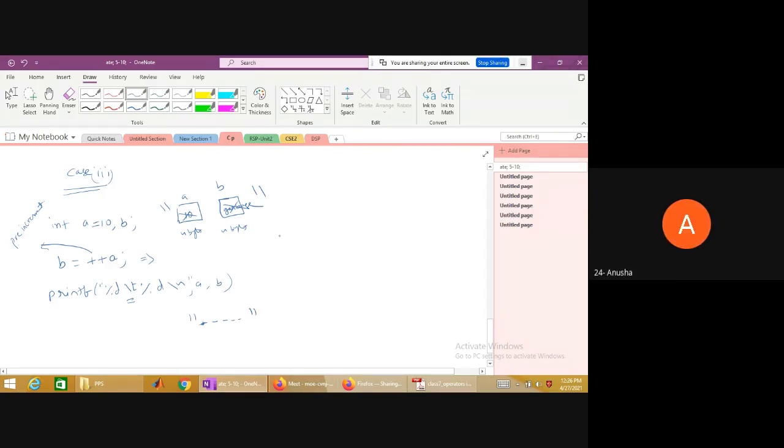Similarly, you can use minus minus also. Case 4: int a is equal to 10, ++a, printf %d backslash n.